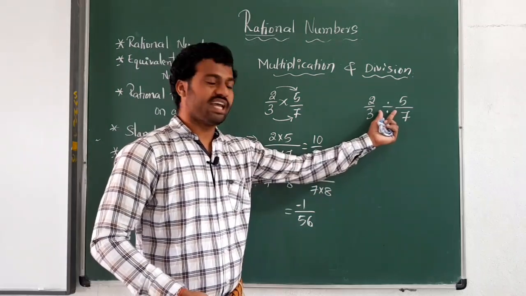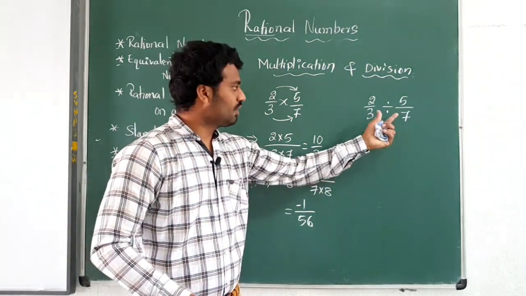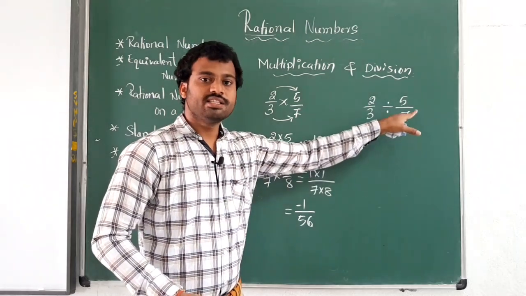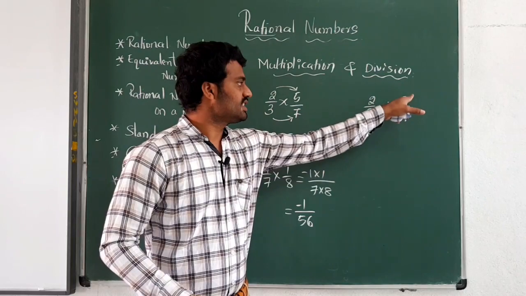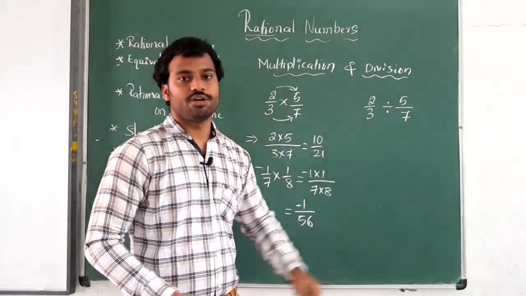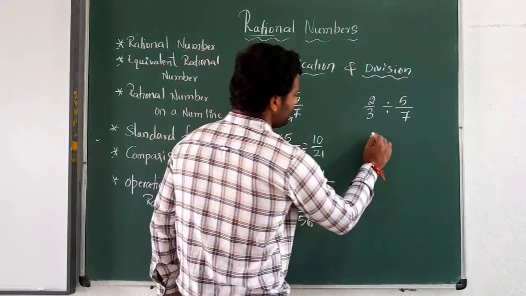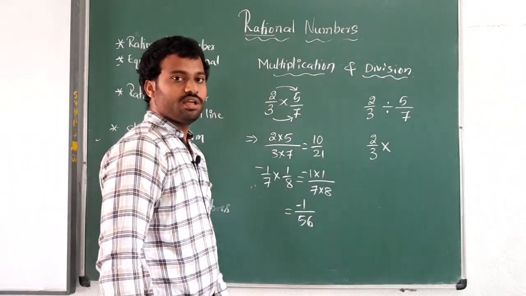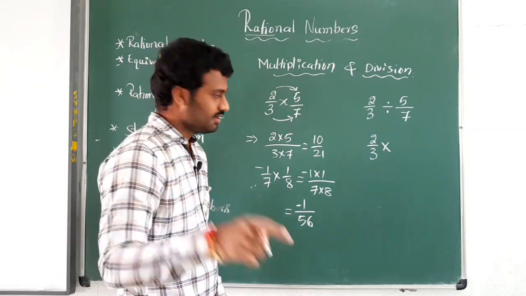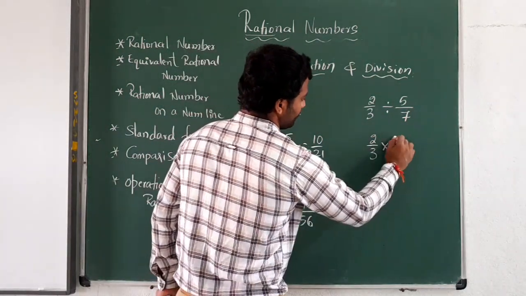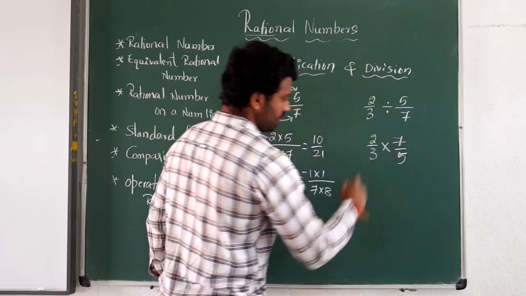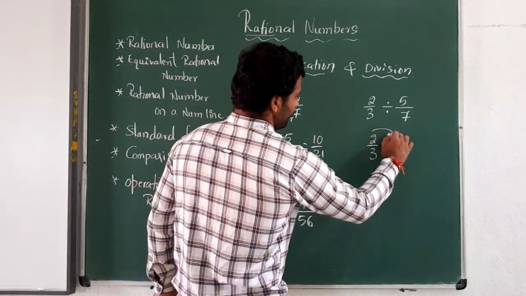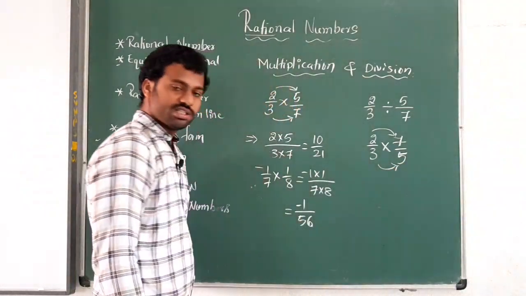So this division sign will convert into multiplication. To convert this, you have to take the reciprocal of this one. The reciprocal is just interchanging the numerator and denominator. I tell you, see, 2 by 3 as it is. Instead of division, you write multiplication with the reciprocal of this. Just interchange it.